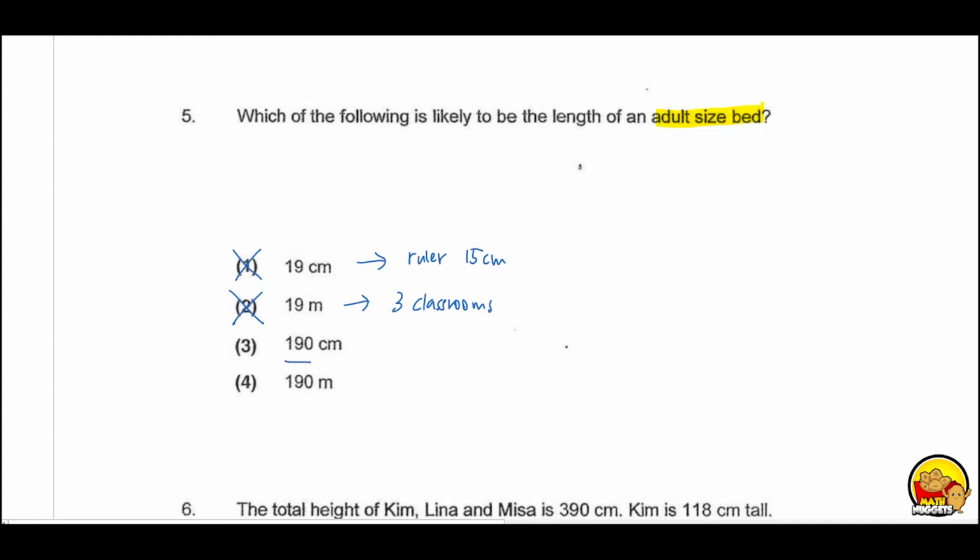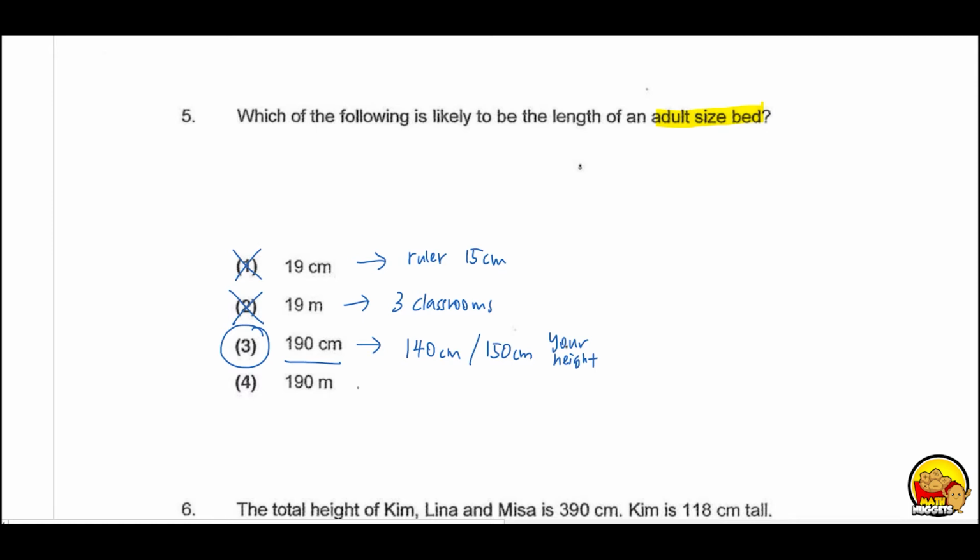190 cm. Now if you think about it, how tall are you? You're probably about, I don't know, 140 cm, 150 cm, your height. So for an adult to be 190, which is a little bit taller and longer, that seems like a reasonable option. And let's check option 4, 190 meters.